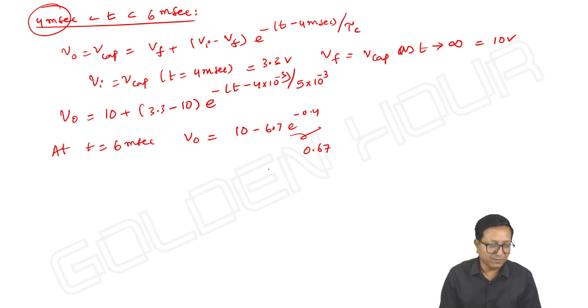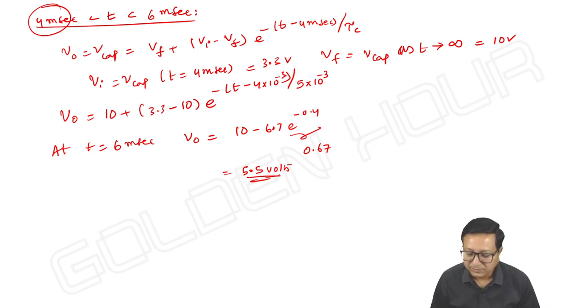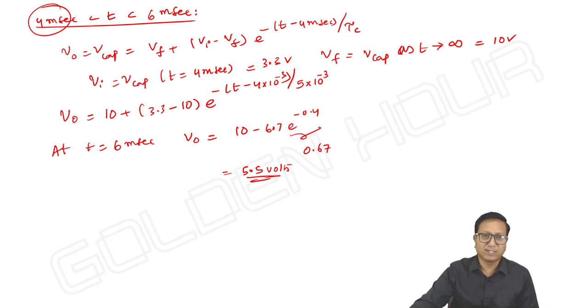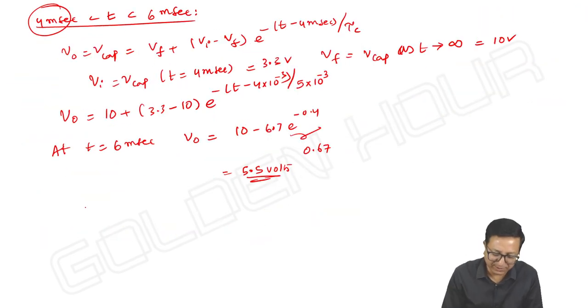Anyway, if you do the calculations further, you will get around 5.5 volts. You can just check the calculations like this. So this is how we can proceed. Every cycle we can make the calculations.